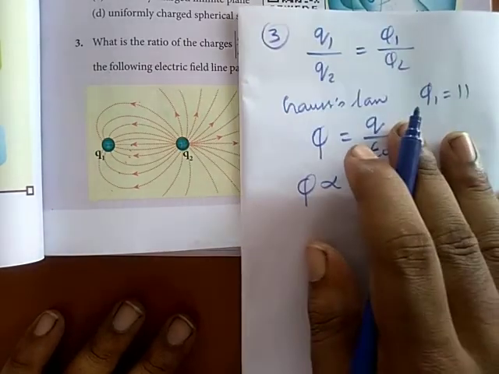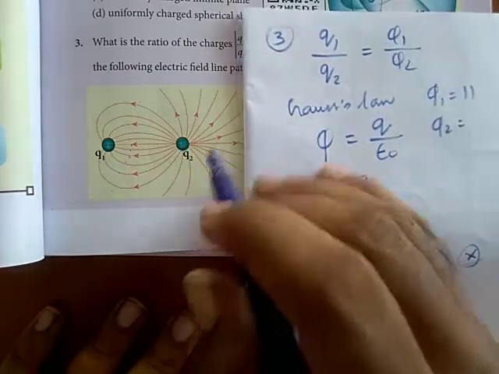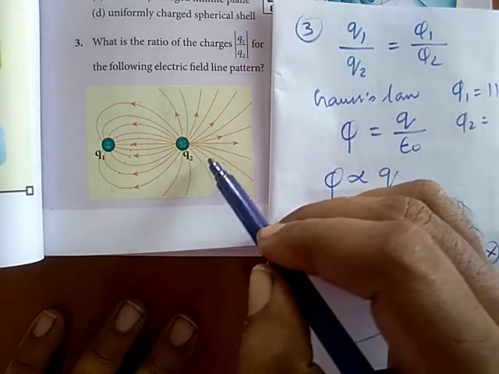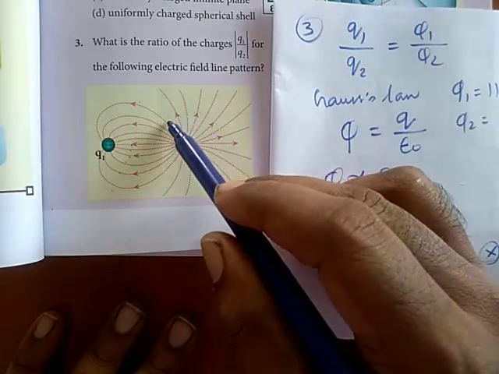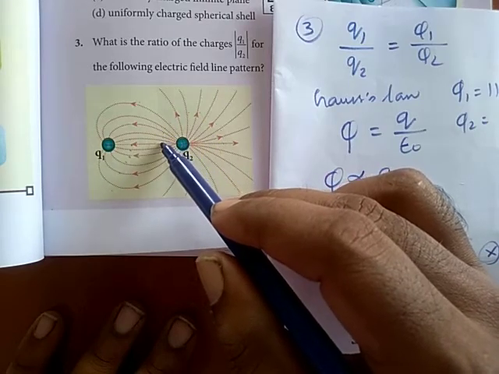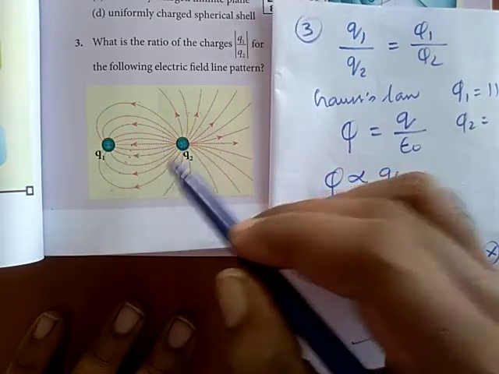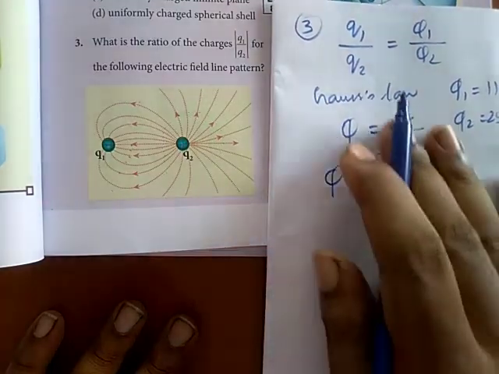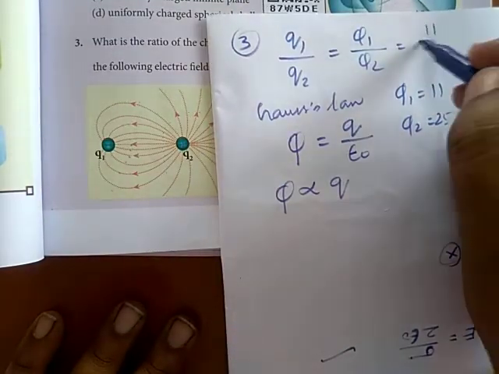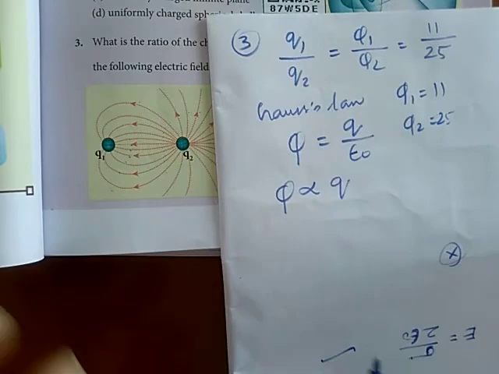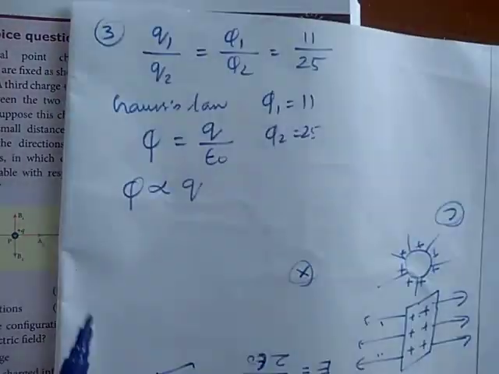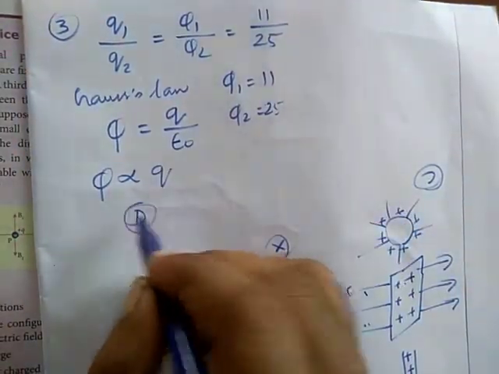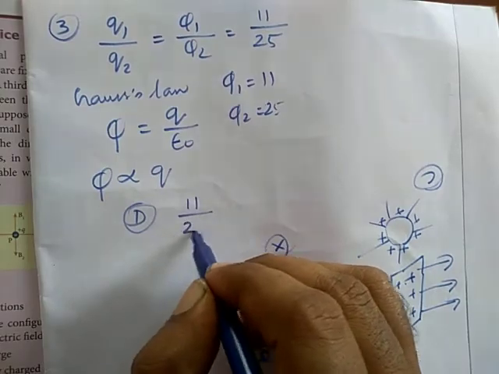Then what about phi 2? 1, 2, 3, up to 25. Phi 2 is 25. Then we know that it is 11 by 25. So the option is D. D is the correct option. That is 11 by 25.